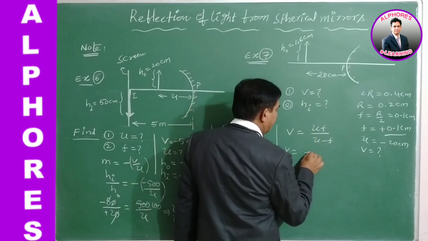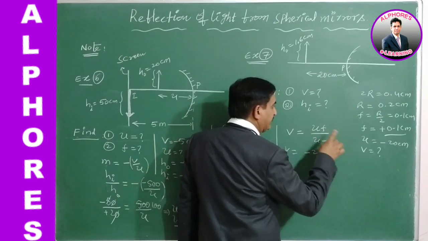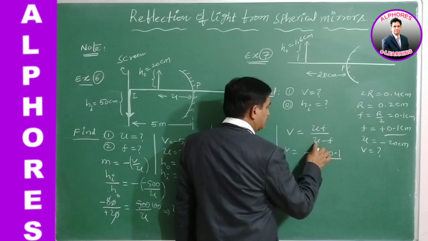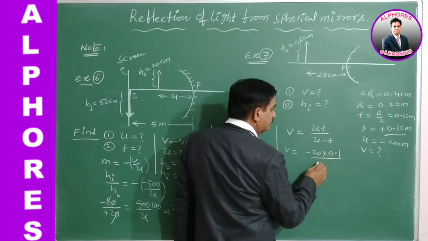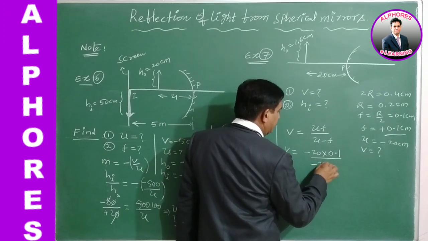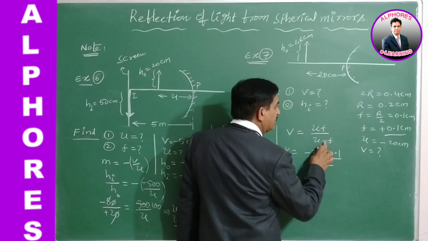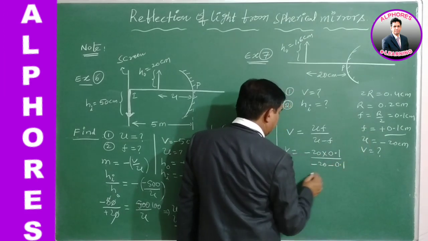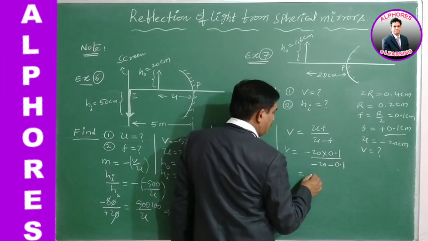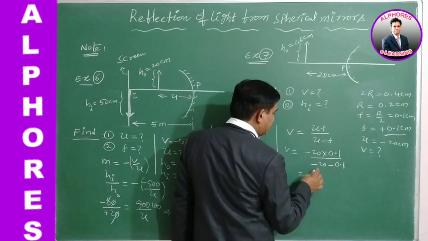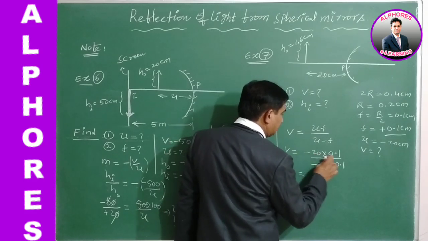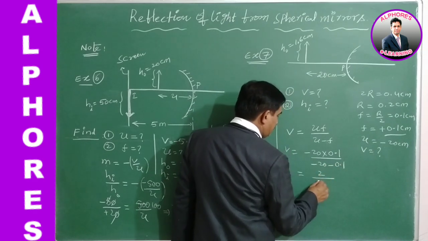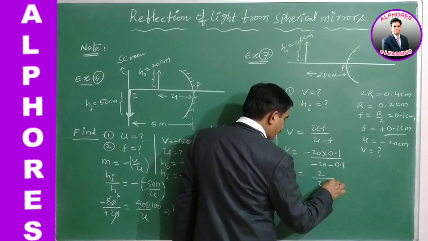So here, substitute the values. U is minus 20, F is 0.1, divided by U minus F, that is minus 20 minus 0.1. Here the focal length is positive, so it is minus 20 minus 0.1, and the minus signs get cancelled. So this is 20 into 0.1, that is 2, by 20.1.